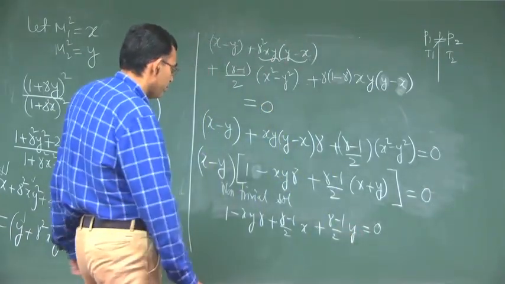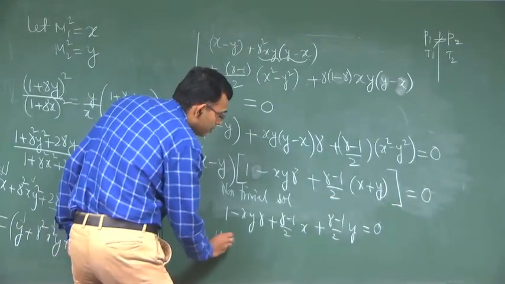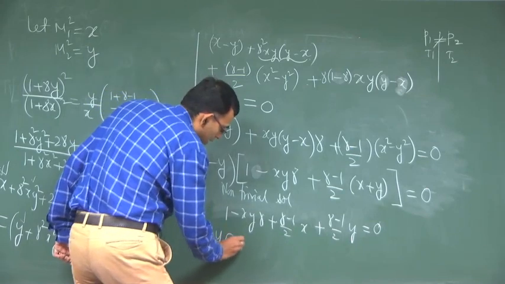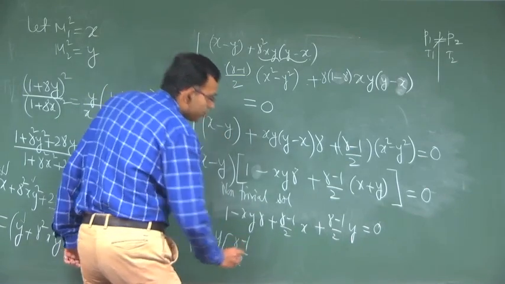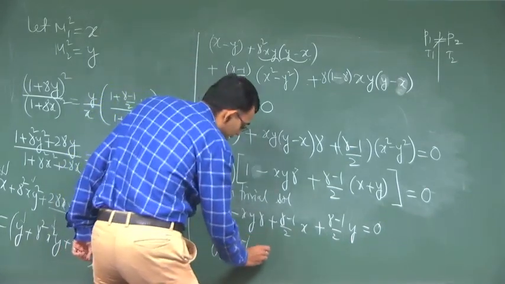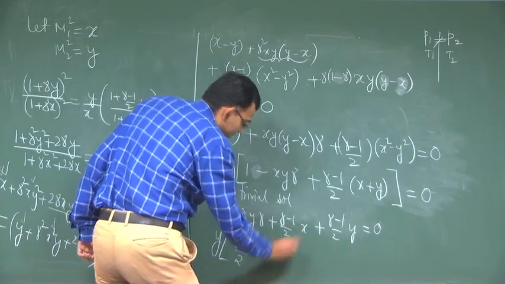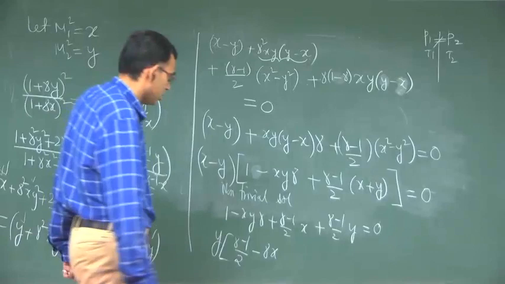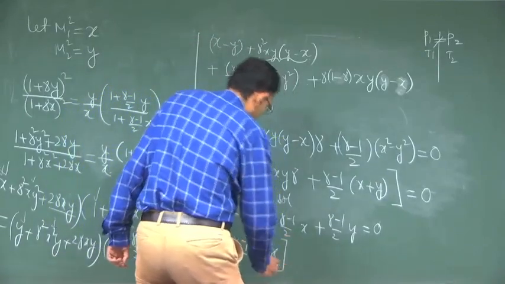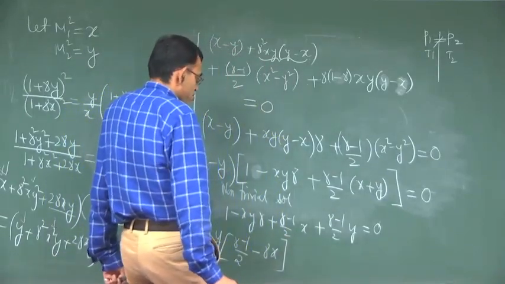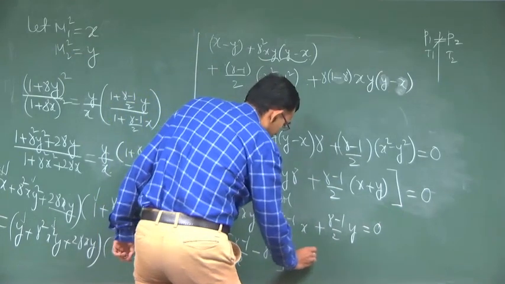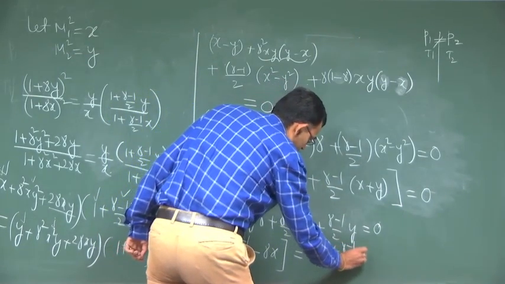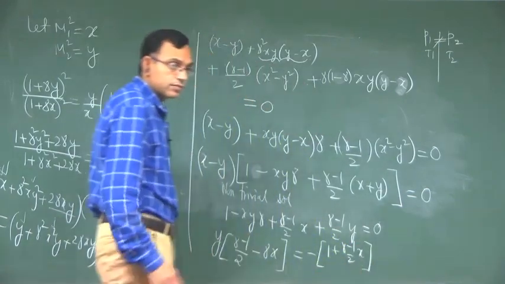So, now if you take y as common, gamma minus 1 by 2 minus gamma x is equal to minus of 1 plus gamma minus 1 by 2 x, right.